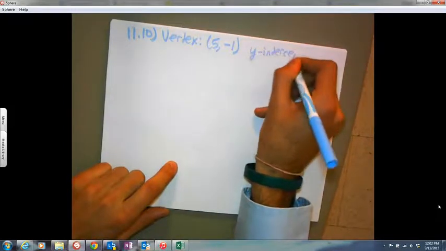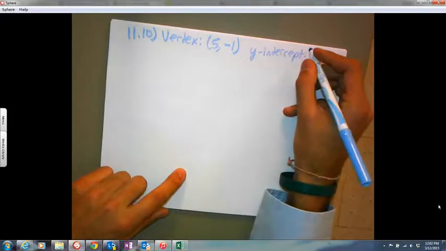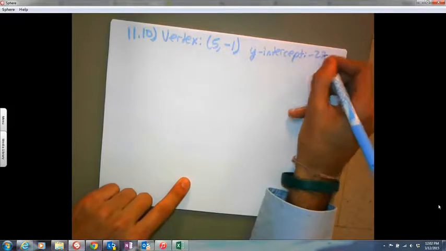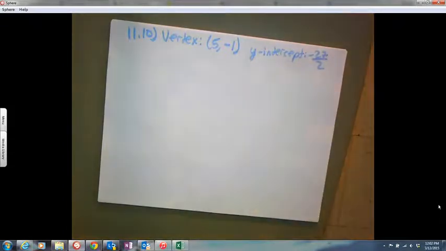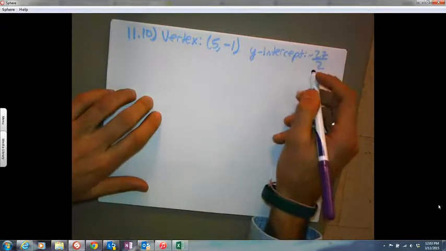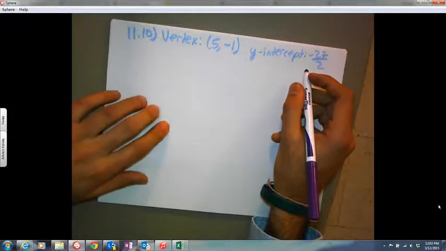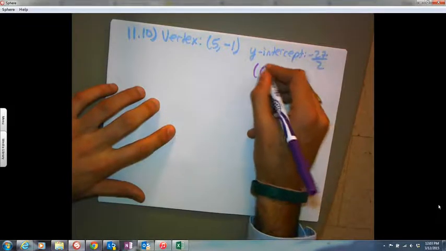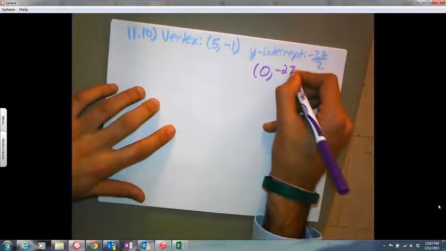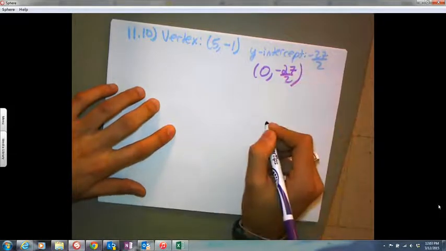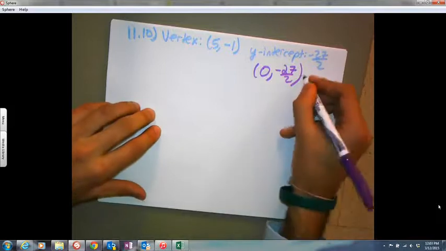Alright, so step one for us here is just recognize that this y-intercept can be written in coordinate form. Remember, y-intercept means the point where x is 0, so the coordinates here are (0, -27/2). I might even rewrite this as (0, -13.5) to get it as a decimal.